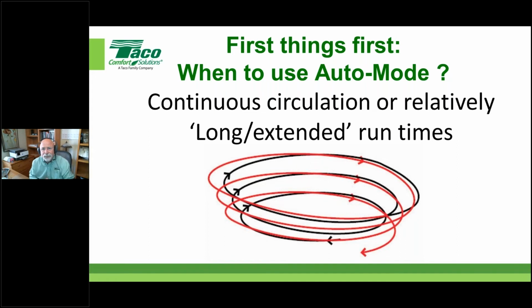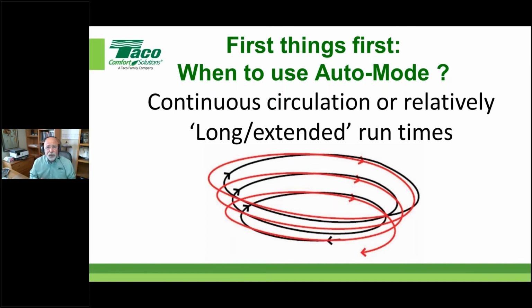Those are non-electric zone valves. There's no end switch coming back. That pump only comes on when the outdoor sensor says it should, and that's usually a 5 or 8 degree drop above room set point temperature, and it runs until it warms up again. So the circulator is moving constant or continuous circulation, or, relatively speaking, long run times.